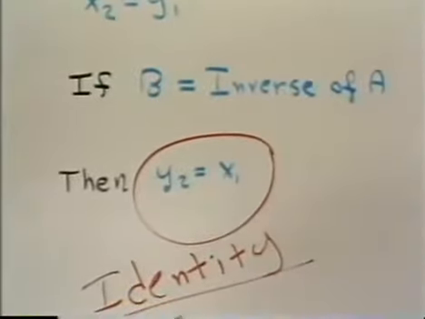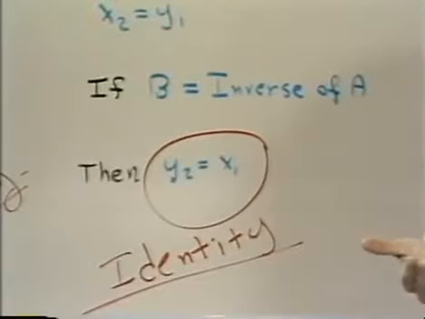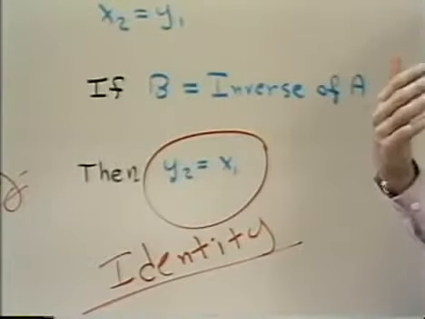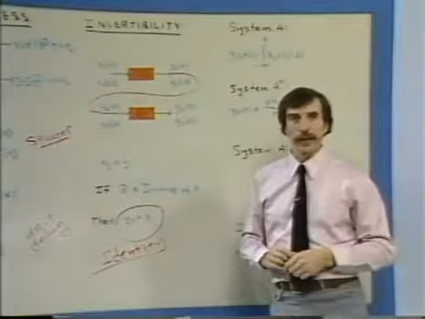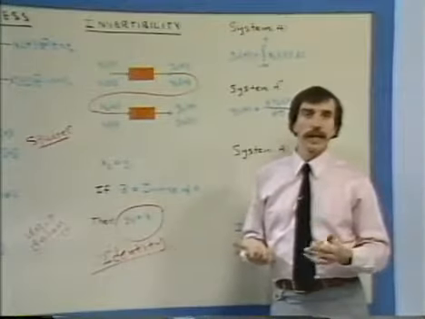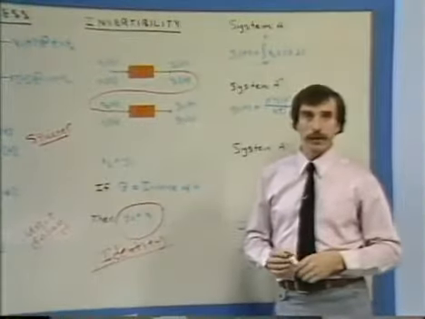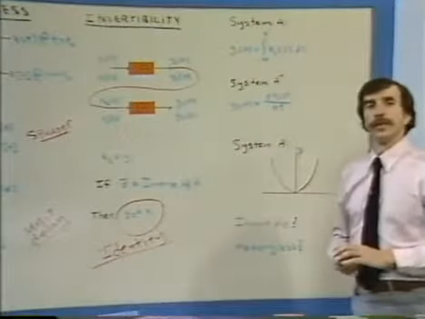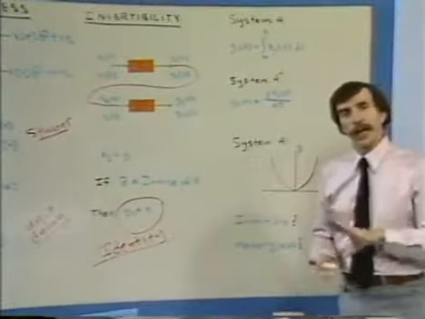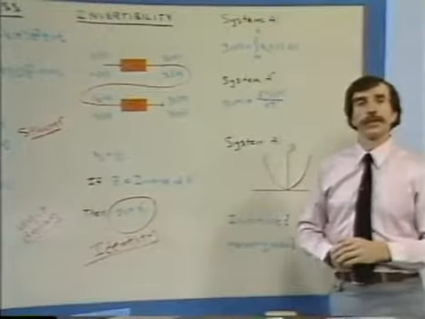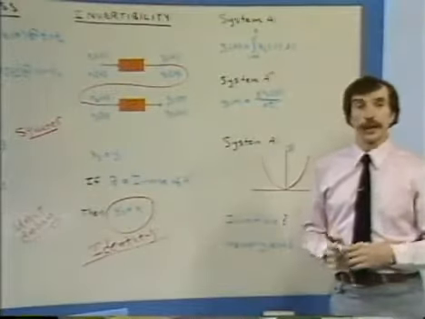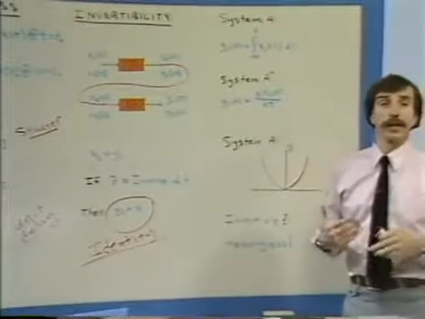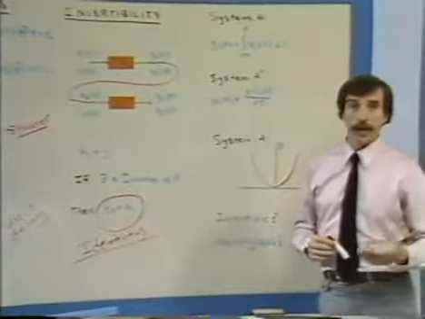And the identity system is simply a system which, if you put a signal into it, you get the same signal out of it. In other words, the overall system is no transformation at all. And clearly, of course, for a system to be cascaded with another system to generate the identity system requires that the first system, System A, be invertible.